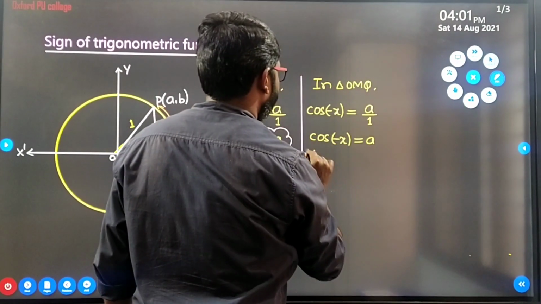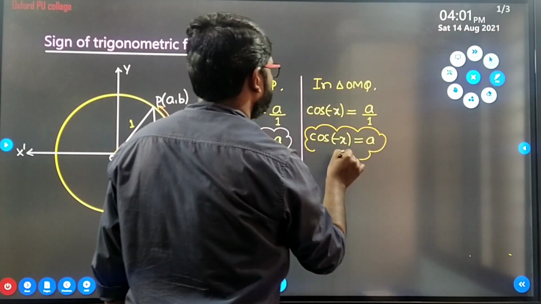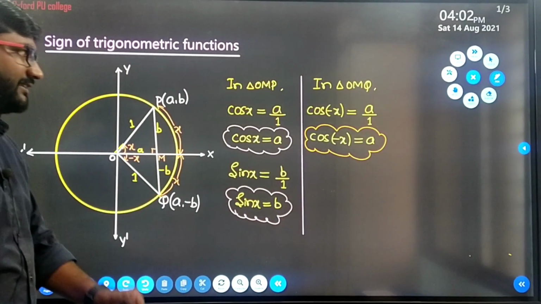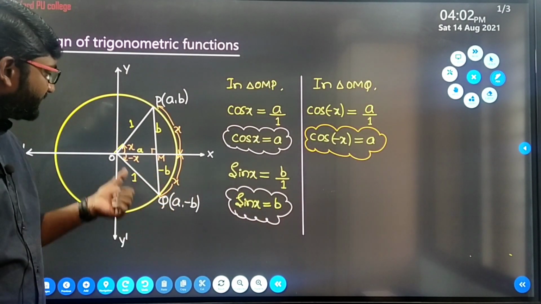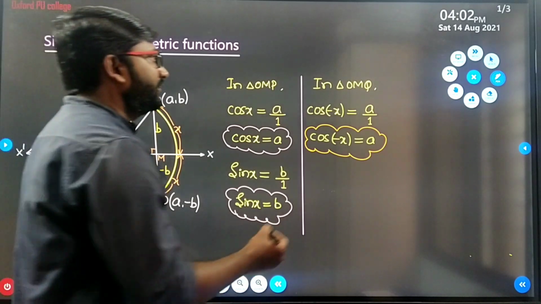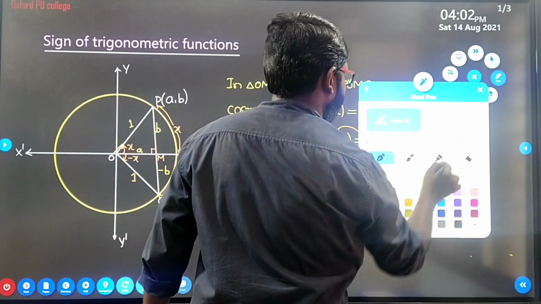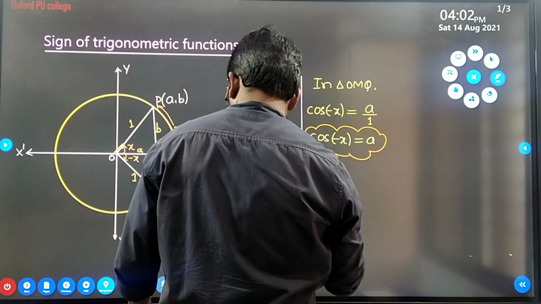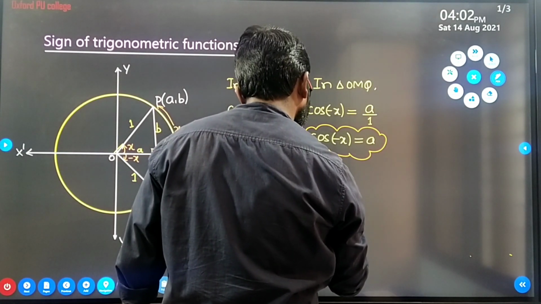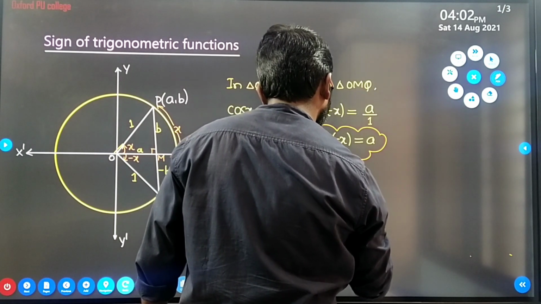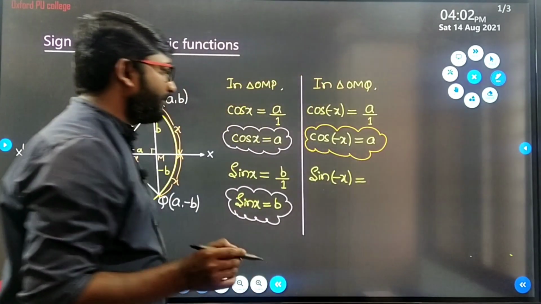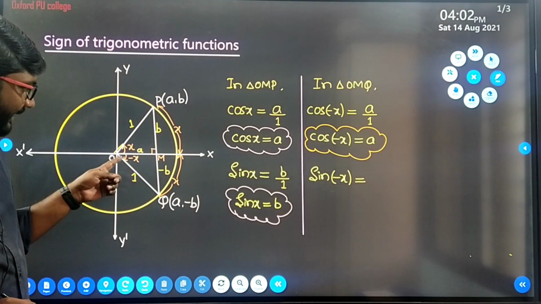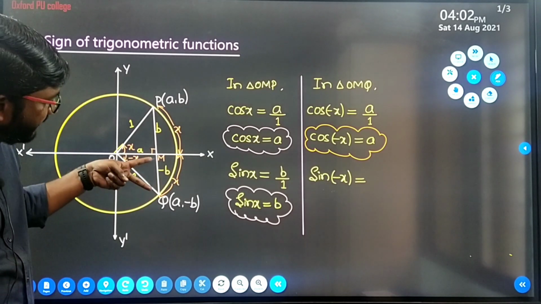Then next we will have to go for sin of minus x. Let us get the value of sin of minus x from the triangle OMQ. Sin of minus x is equal to opposite by hypotenuse. For minus x, the opposite side will be MQ.